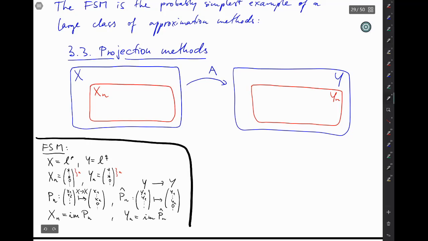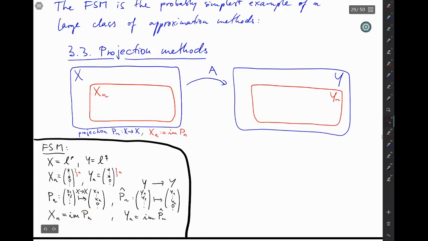Now let's try to get some inspiration from this and understand how we should create our new projection methods. So let us start with a general projection Pn from X to X. And let's introduce this much more general subspace Xn here as the image of that projection Pn, very much in the style like we had it here.